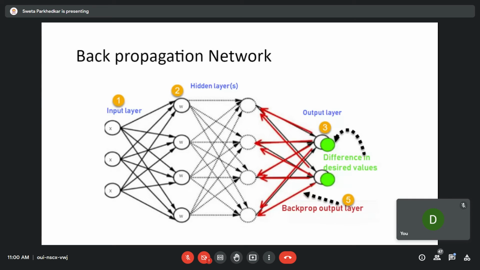So the back propagation algorithm is important. So for the particular given set of input and output pair, the algorithm will provide a procedure for changing the weights. So in this back propagation neural network, it is generally used to classify the input pattern correctly.